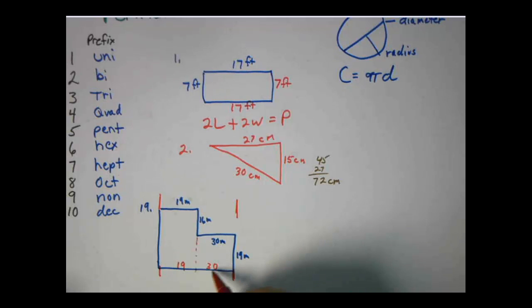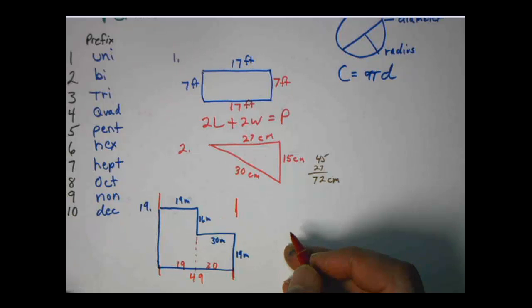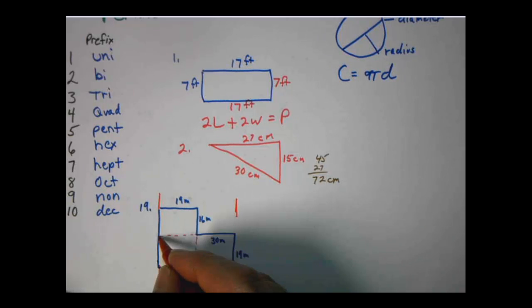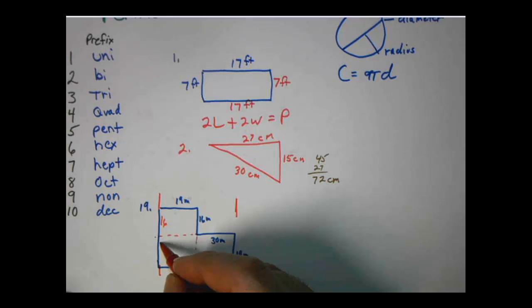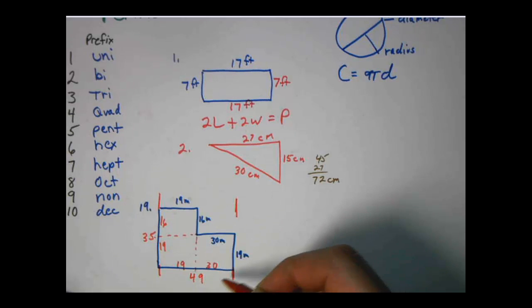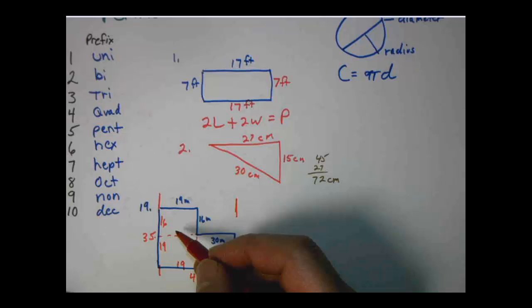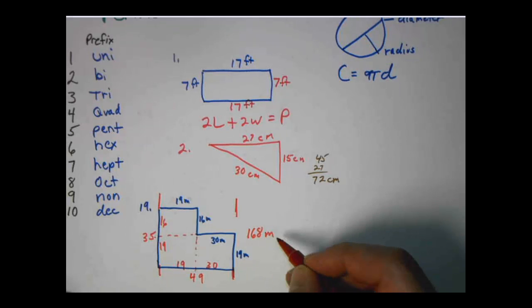If we add those up, the bottom needs to be 49. And the same thing drawing across, from here to here is 16, and from here to here is 19. That gives us a total of 35. Once we have all of our outsides figured out, all we have to do is add them up, and we would get 168 meters.